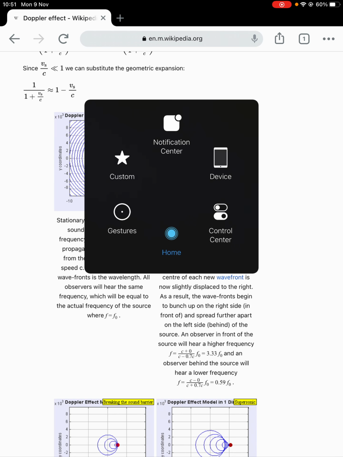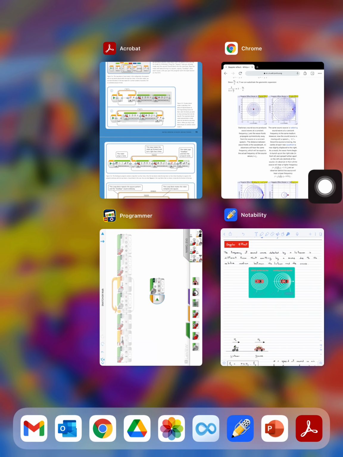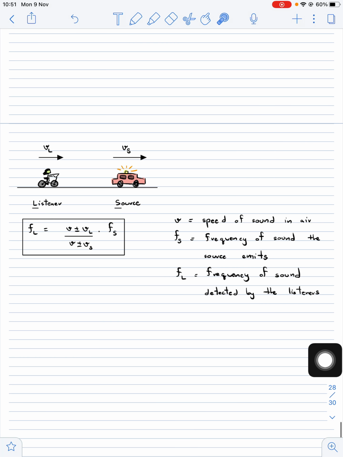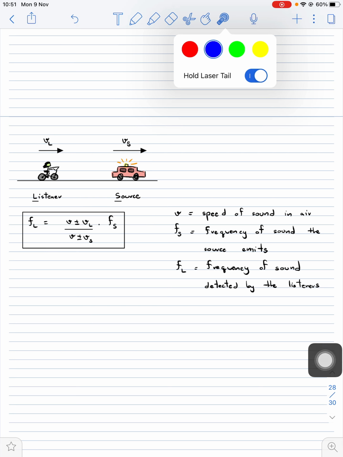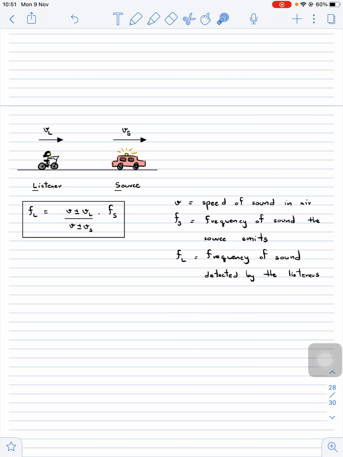Okay, so look at these equations. Let's say we have the source with the velocity Vs, where the S stands for the source, and we have the listener moving with the velocity VL. The L here stands for the listener.